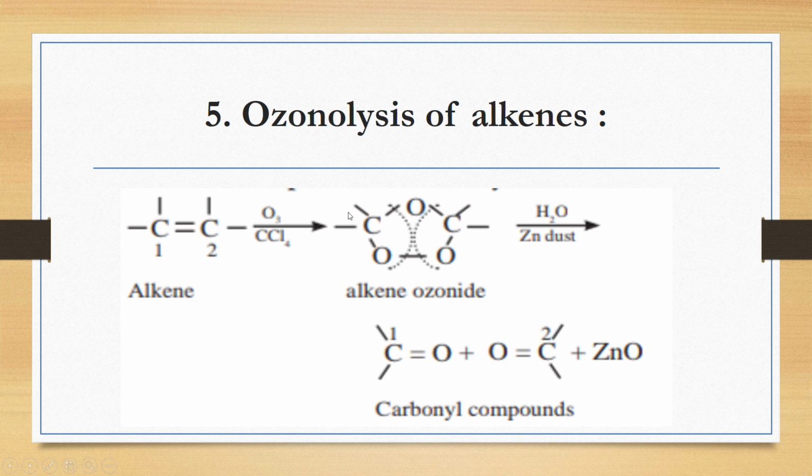Now we are left with this carbon and oxygen, so a carbon-oxygen double bond will get formed. We are left with this carbon and oxygen, again a carbon-oxygen double bond will get formed. Now depending on how these valencies are completed, we'll get corresponding aldehydes or ketones. That means carbonyl compounds are obtained as the final product of the ozonolysis reaction.